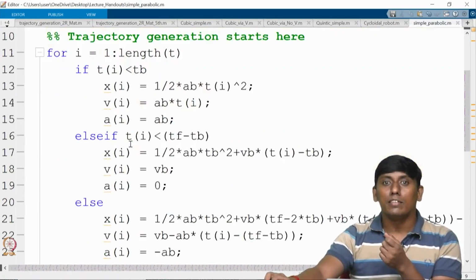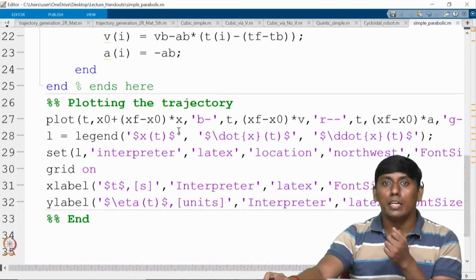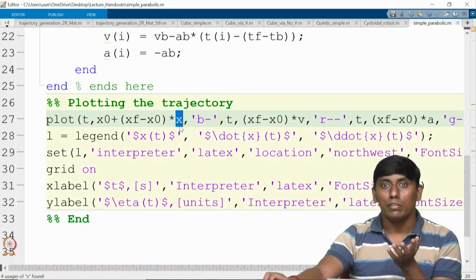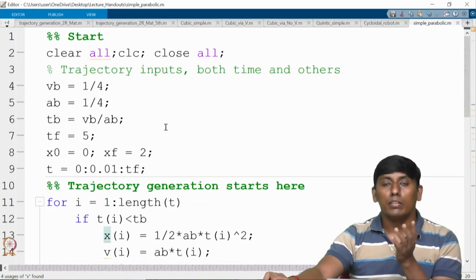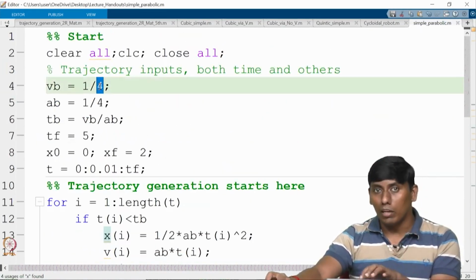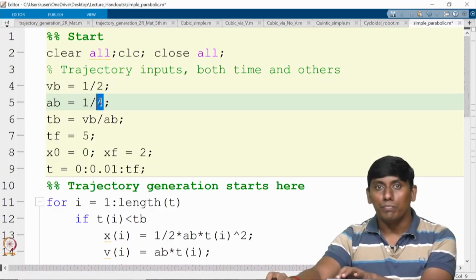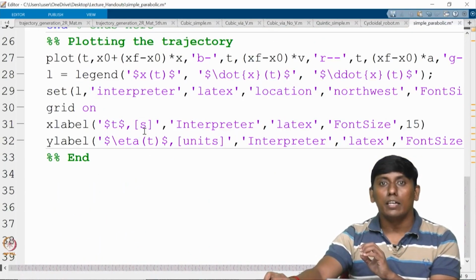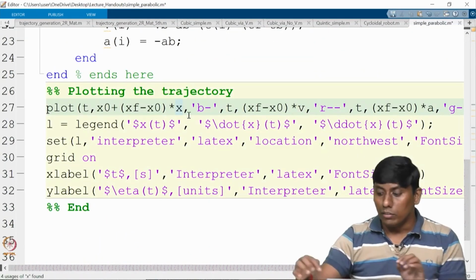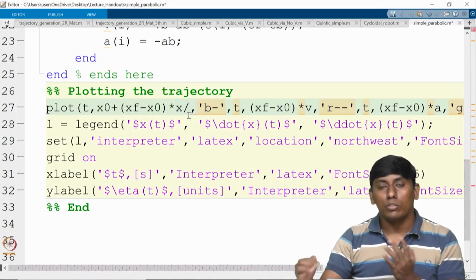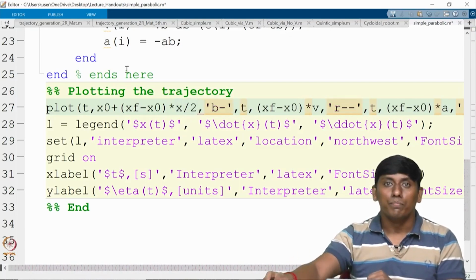So in that sense, whatever you are going to get, this x would be that many times. Okay, so now if I make this 1 by 2, then I can see that this would be divided by 2.